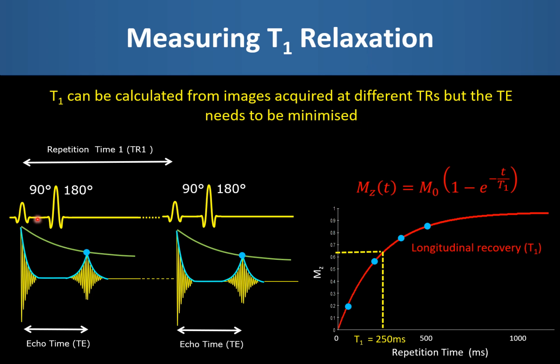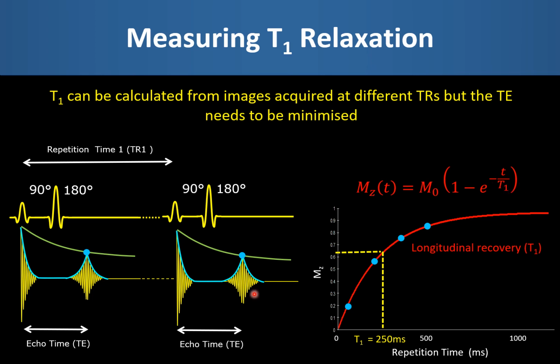So if we repeat the experiment multiple times, and this time we change the repetition time, then we can acquire points on the recovery curve, and then we can fit the T1 recovery equation to those points, and again derive a relative proton density as well as the T1 relaxation time.